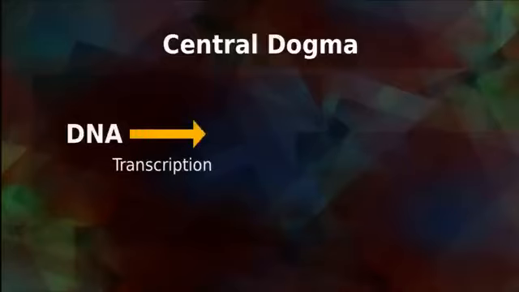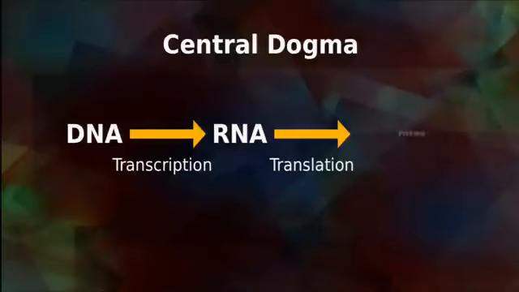Now, how is the information that's in the DNA utilized to maintain and build living things? Because obviously, you have to get from the instructions to the final product. So how do you do that? For that, we look at what we call the central dogma of molecular biology. We have DNA, and it is transcribed into RNA, which is like an intermediate carrying that information. And then that is translated into a protein.